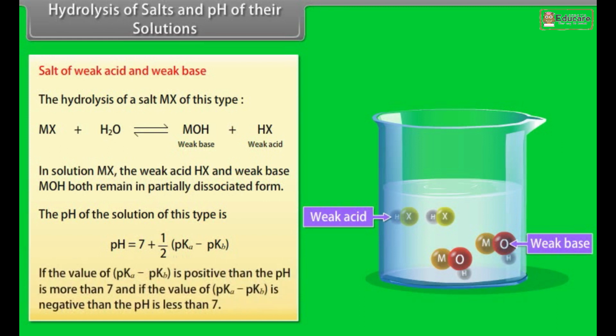If the value of pKa - pKb is positive, then the pH is more than 7, and if the value of pKa - pKb is negative, then the pH is less than 7.